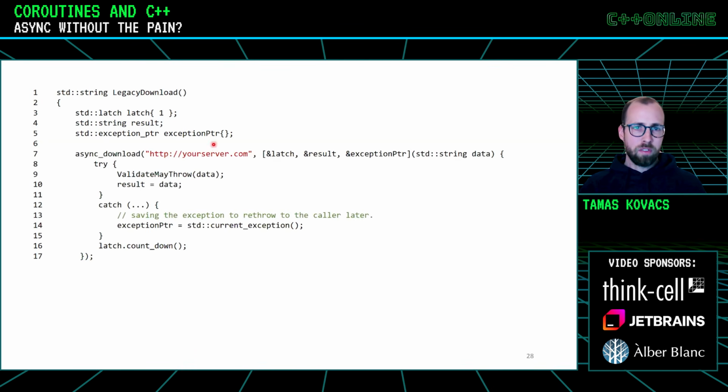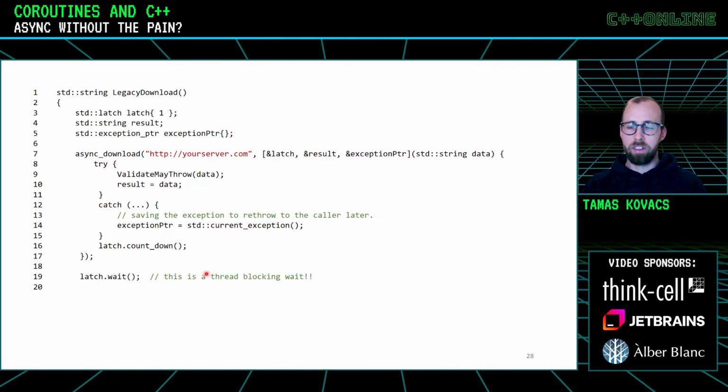In line 7, we are starting the async download. The first parameter is the URL, the second is the completion callback. We are getting the data, validating the data in the completion callback and saving it in the result. In case of an exception, because the validation may throw, we are saving the exception. And in line 19, we are waiting on a latch.